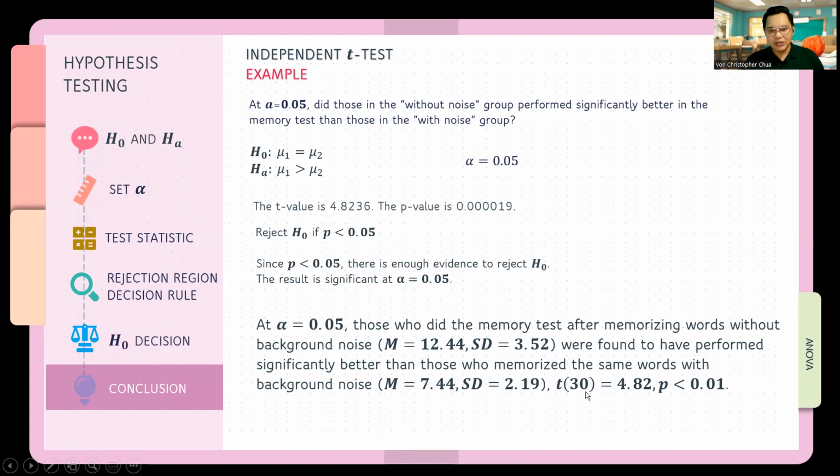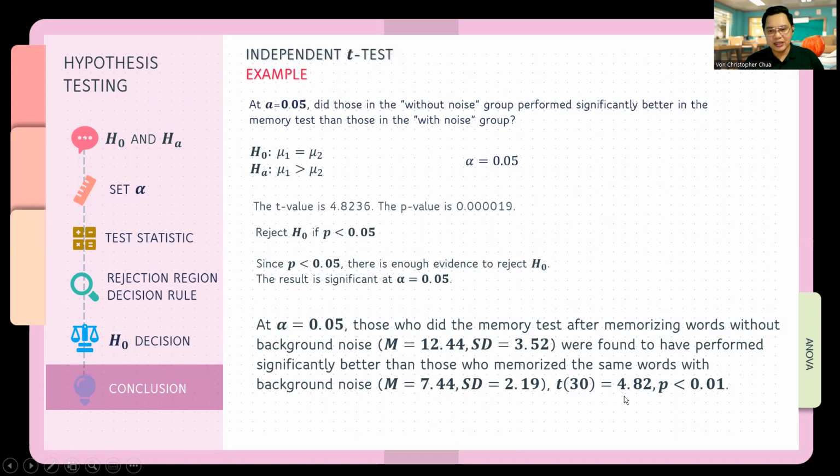So notice that our sample size is 32, but our degree of freedom is 30. That's because we're working with two independent groups. So instead of n minus 1, we will subtract 2 from n to represent the two different groups of individuals that participated in the experiment. So the DF, or the degree of freedom, is 30.